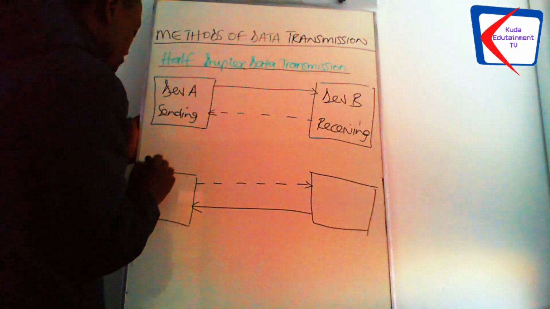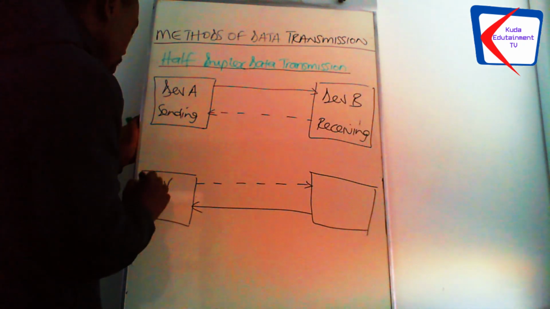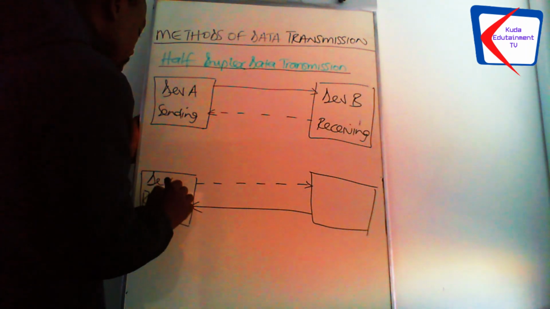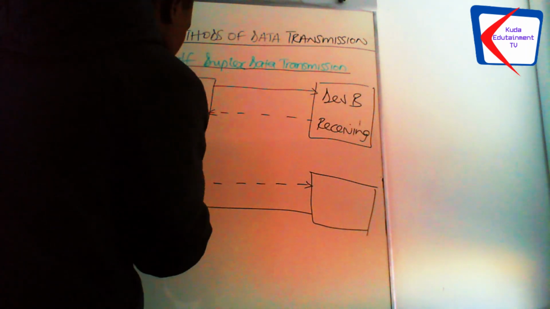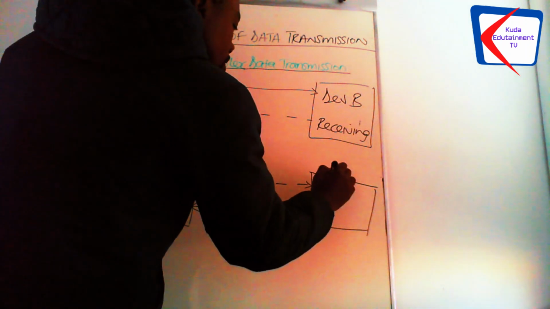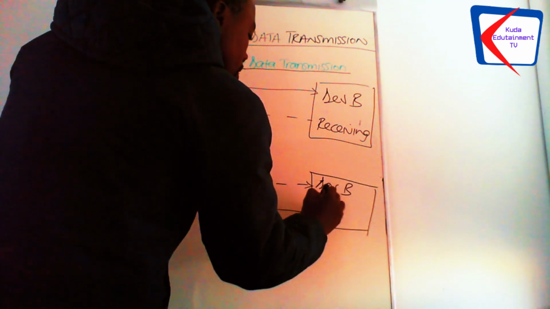Here we have got device A again, this time as the receiving device, and device B as the sending device.